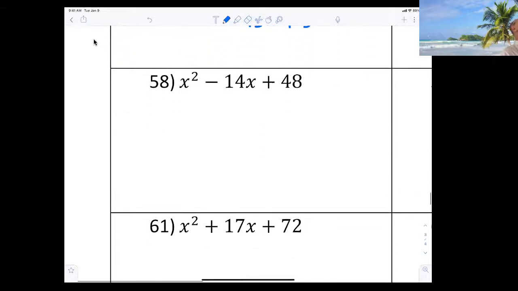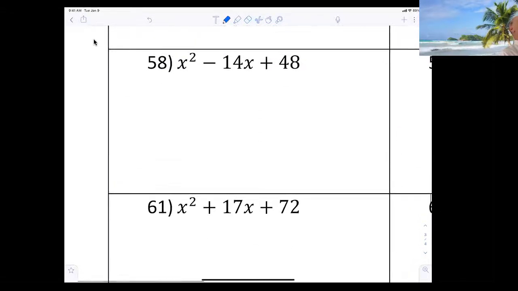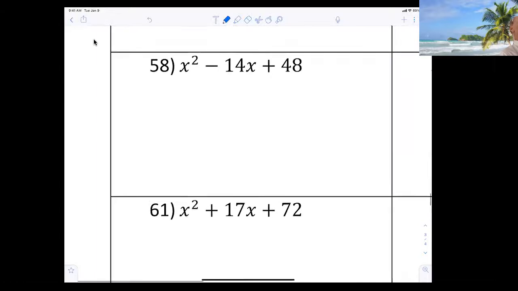Okay, who's up? So we're on 58. We don't need a calculator. Help me out. 58. Good. Most common factors of 48. 12 and 4 is good. Does that make 14?